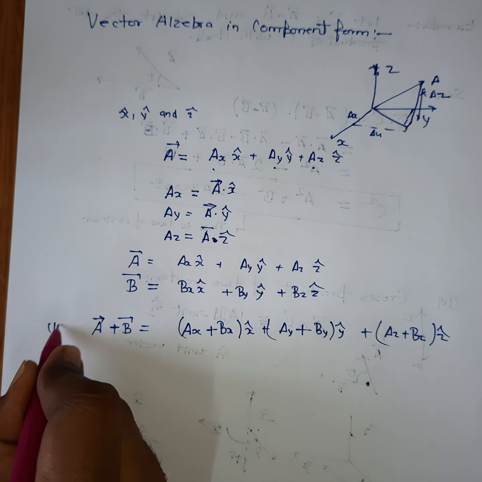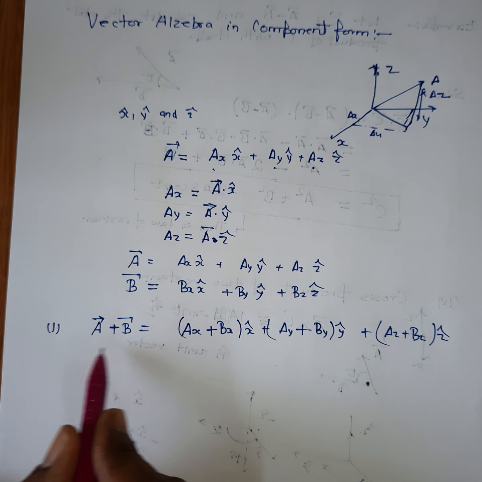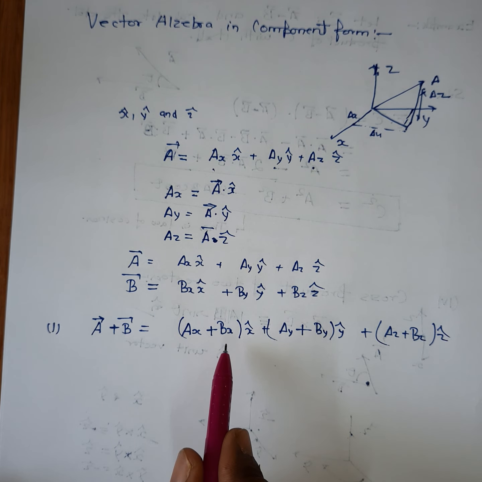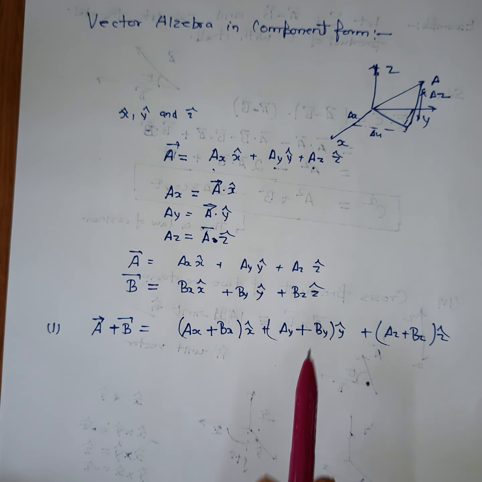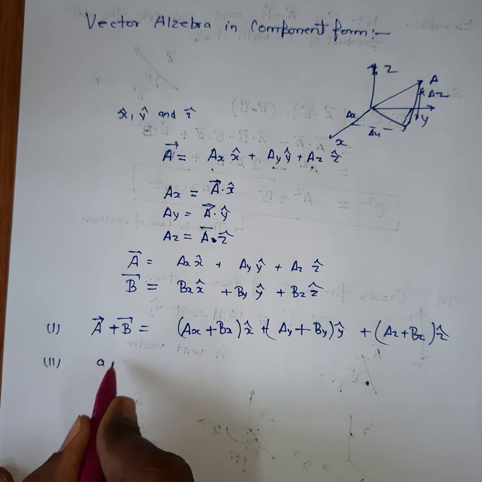So this was the first rule: you can add two vectors by just adding their respective components along x-axis, y-axis and z-axis.